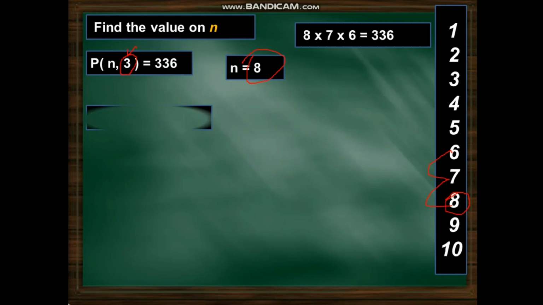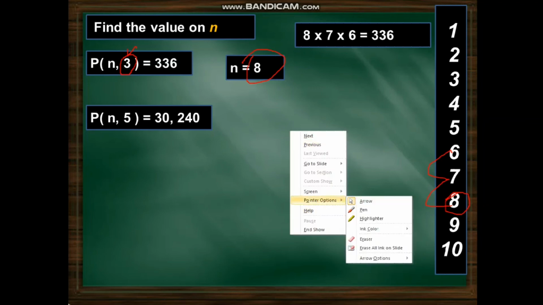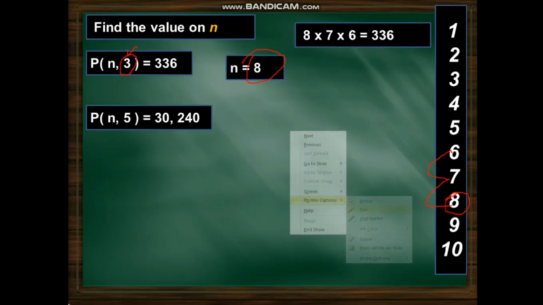Maliwanag. Let's have example number 2. So, sa example number 2, we have our n is equivalent to unknown. Our r is 5, then we have now 30,240. So, yun po yung hahanapin natin. Ibig sabihin nun, maghanap tayo ng number dito po sa part na to, na kung saan ang kanyang equivalent values, 5 times natin gagawin yon.